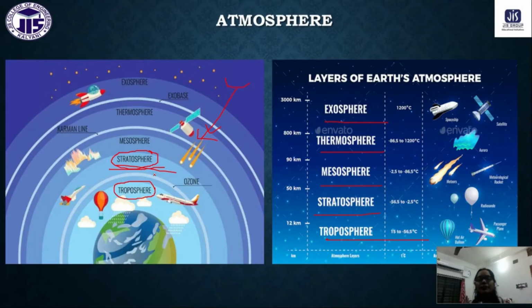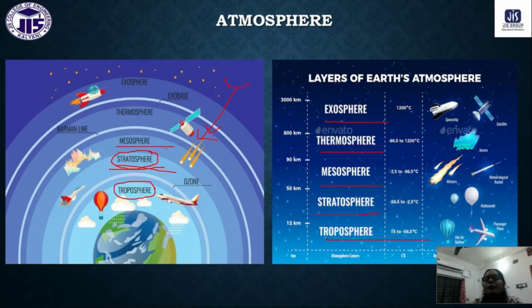So UV radiation is very harmful, and it is prevented by the stratosphere. The stratosphere plays a very important role. In the stratosphere, as we go higher, the temperature will increase, just the opposite of the troposphere.